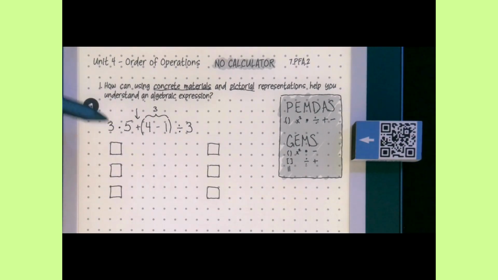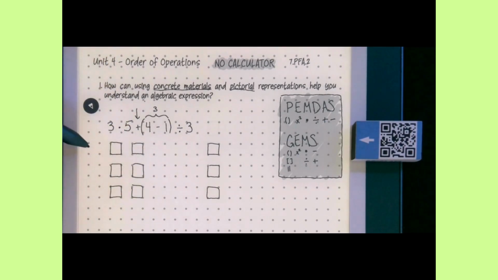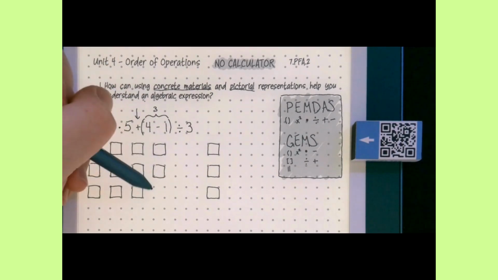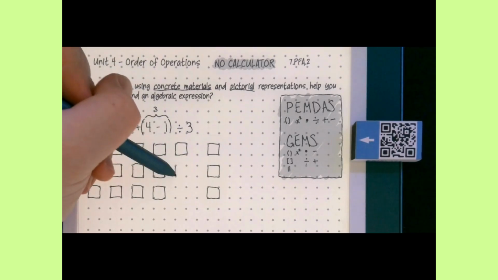So first I need to do what 3 times 5 is. Well, here's 3, and I need 5 of those. So there's 3 sets of 3, 4 sets of 3, and 5 sets of 3.